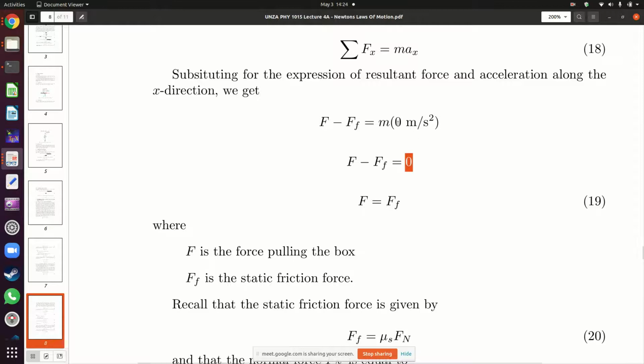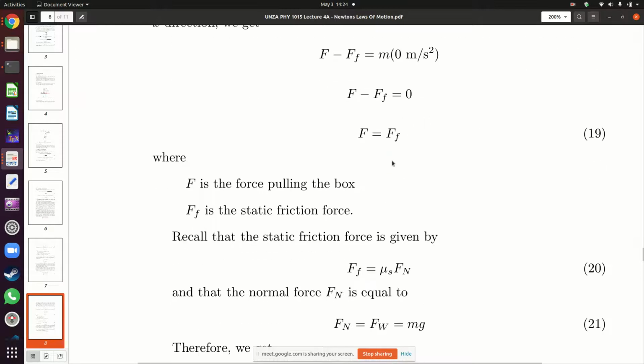Sorry, mass times 0 gives you a 0. So we end up having F minus Ff, the pulling force minus the friction, is equal to 0. So we make the following conclusion, that in this case, our pull force F is equal to the friction force. This is the conclusion we make.